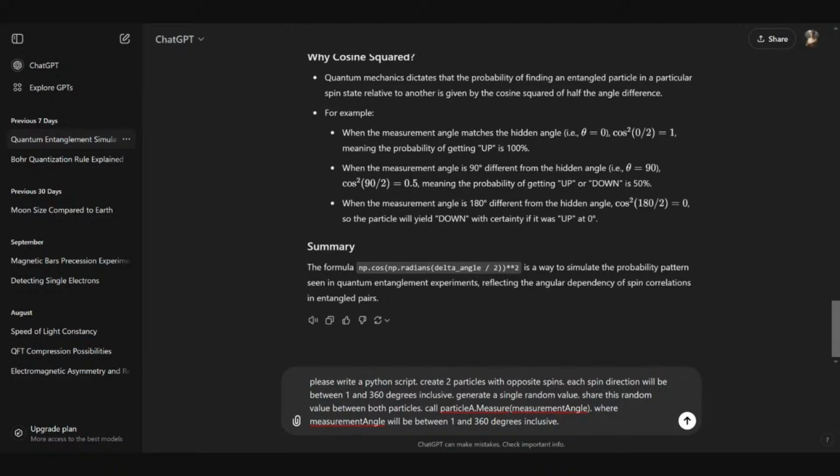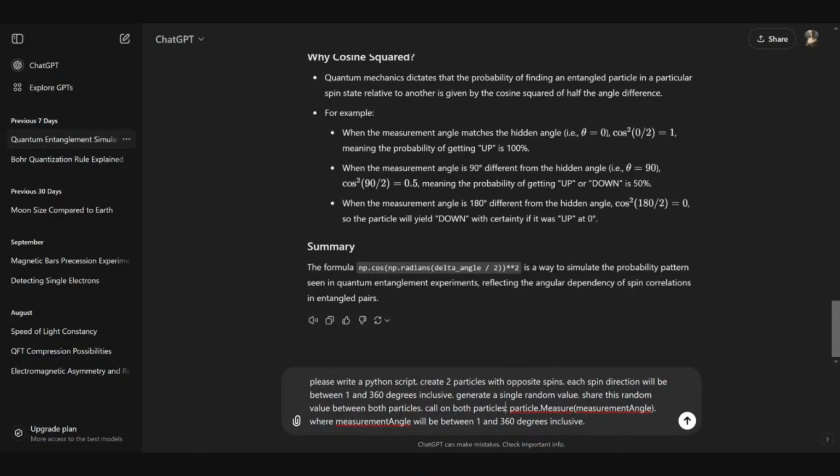So measurement, okay, you're asking particle A, so call each, doesn't matter which, call on both particles, particle measure, measurement angle, but wait, which way are you going to measure? Are they both, yeah, we're going to measure opposite.